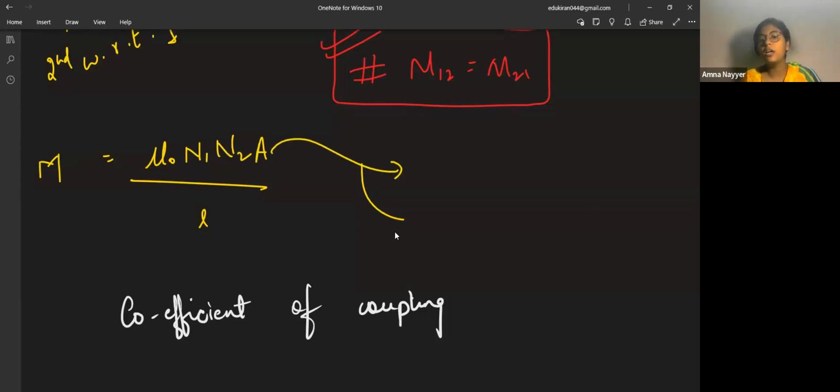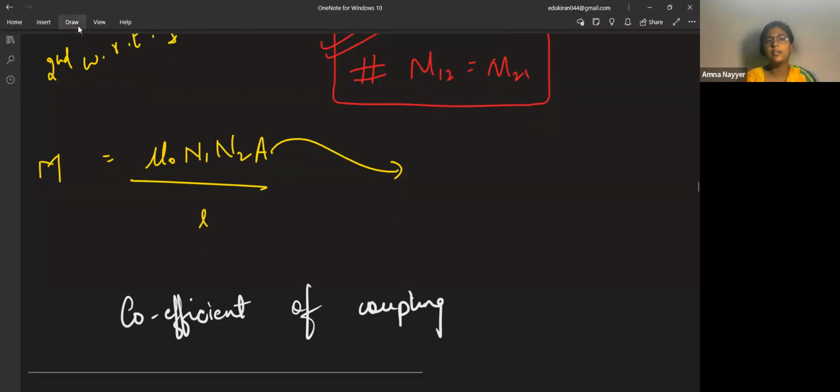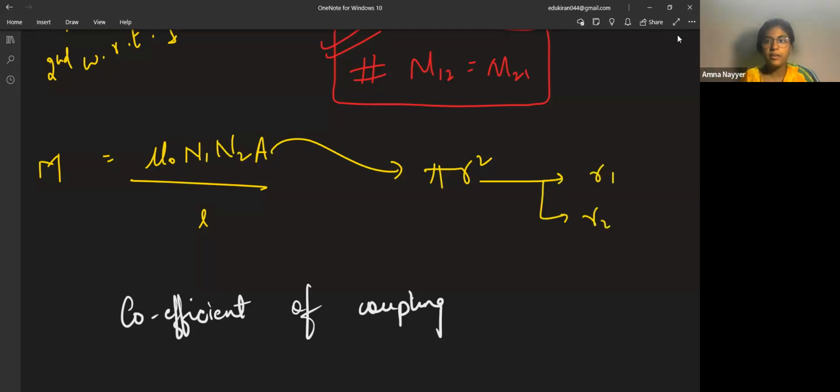For area, for all different types of figures, place it. See, for solenoid, what do we have? Solenoid is a circular figure itself. The turnings are in the form of circle only. You do not have square. Usually you do not have. So you will have to put it as pi r square. For this purpose, we are having R1 and R2 radius. I specified initially R1 and R2 for this purpose.